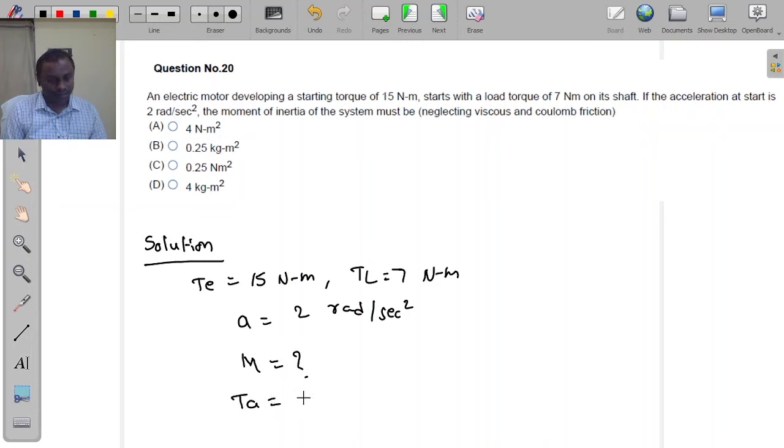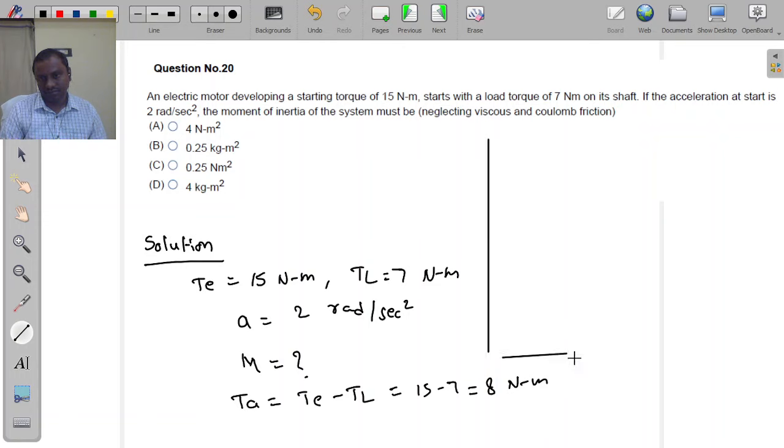So the accelerating torque is electrical torque minus load torque. 15 minus 7, 8 Newton meter. Now accelerating torque is J times d square theta by dt square, where J is the moment of inertia. This is the acceleration.